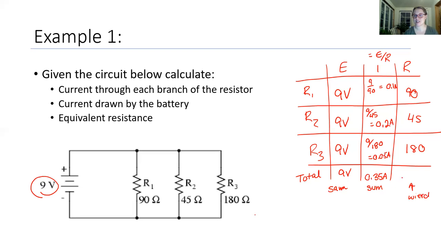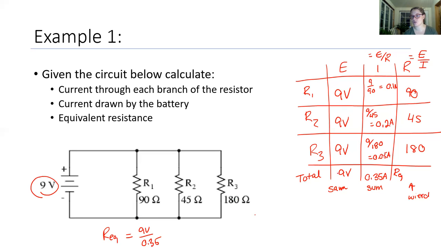So let's calculate the resistance. This is going to be our Req. We know resistance is equal to voltage divided by I. So Req is equal to 9 volts divided by 0.35.